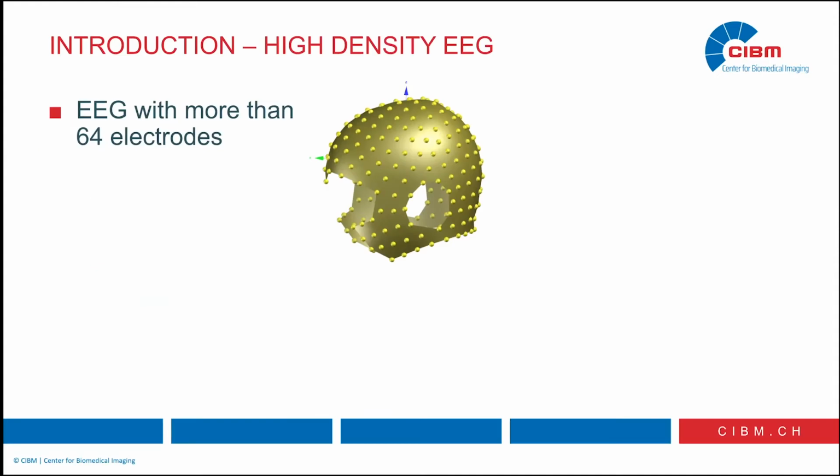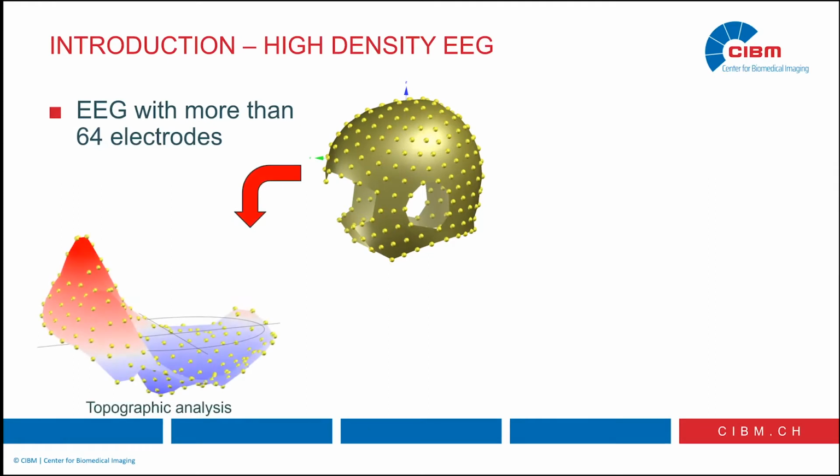Let's talk about the context. So we talk about high density EEG. What is a high density is like above 64 electrodes. Currently at the lab, we're working with 257 electrodes. It could be 129 or something like that, but more than 64. We can do quite a lot of things when we have enough electrodes.